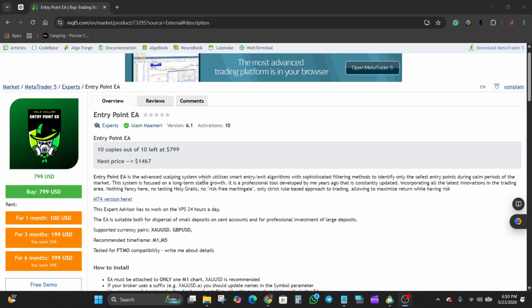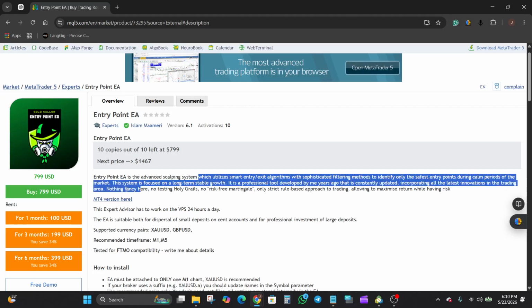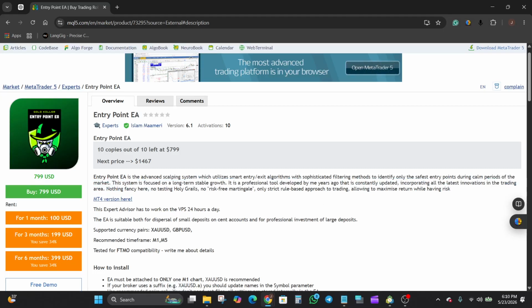So it says here that the EA is the advanced scalping system which utilizes smart entry and exit algorithms with sophisticated filtering methods to identify only the safest entry points during calm periods of the market.